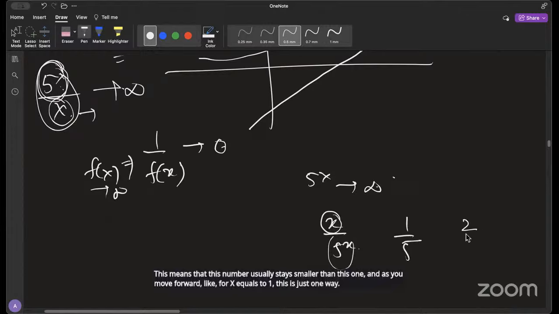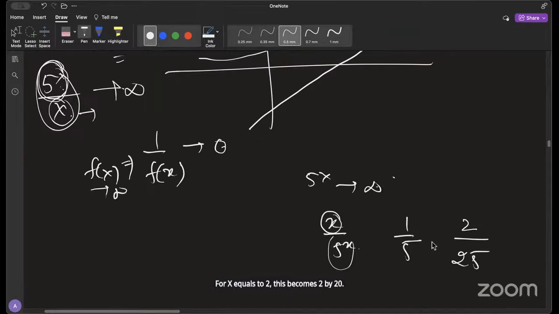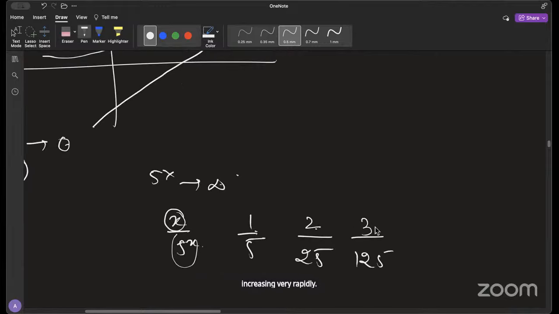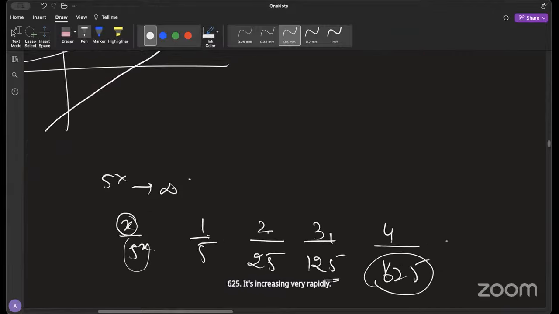For x equals 2, this becomes 2 by 25. So the numerator is growing very slowly, while the denominator is increasing very rapidly. This is still 3 and the denominator has reached 125. And by 4, it reaches 625. It's increasing very rapidly. That's why it goes to 0.